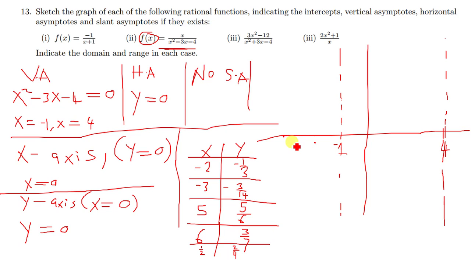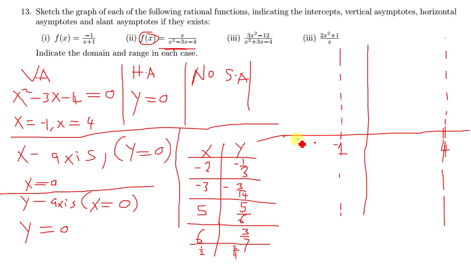Then -3, -3/14, which is just going to be maybe somewhere there.